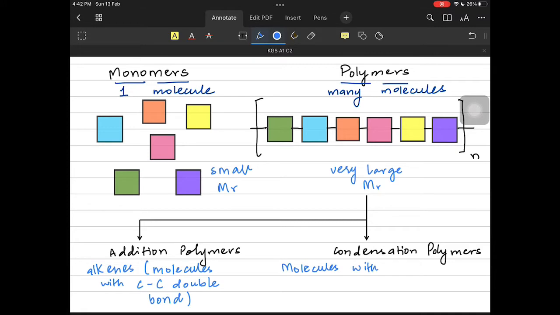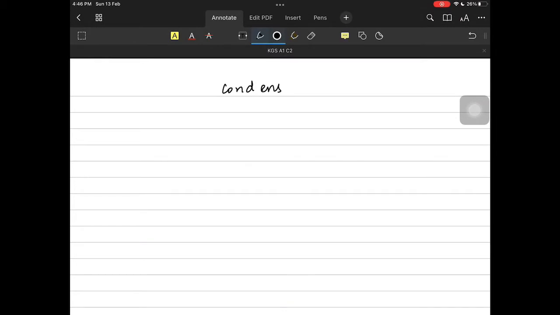The monomer molecules are the ones which have various functional groups on them. Remember functional groups? The ones which were atoms or group of atoms on the organic compound, like the carboxylic acid one, the hydroxyl one in the alcohol, and there's another third one, the NH2, which is the amine functional group. So condensation polymerization is something that we're going to be talking about right now.